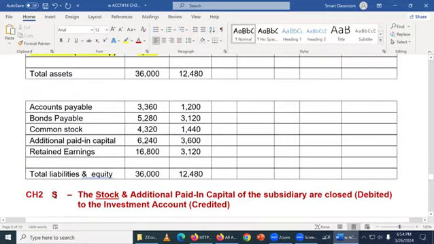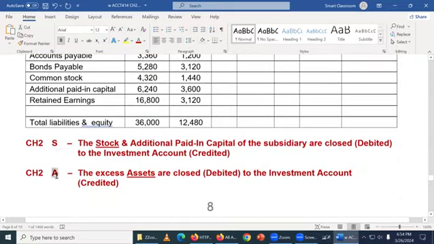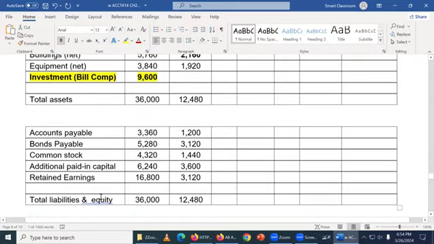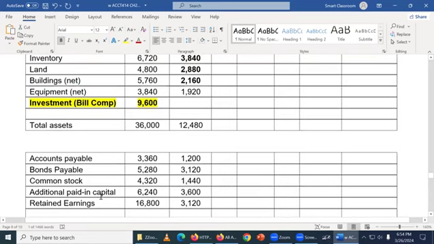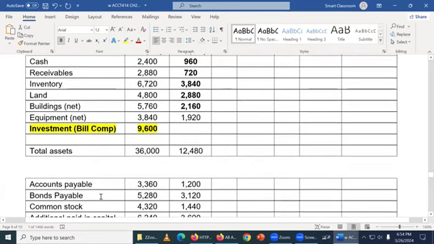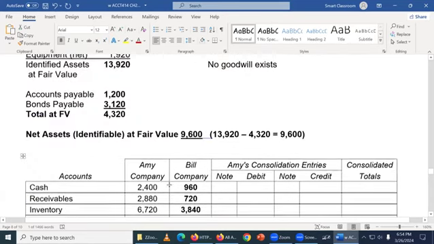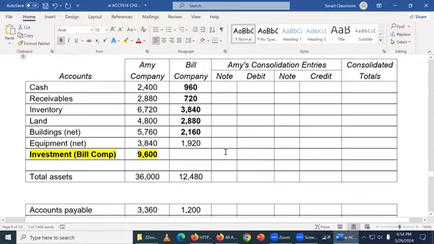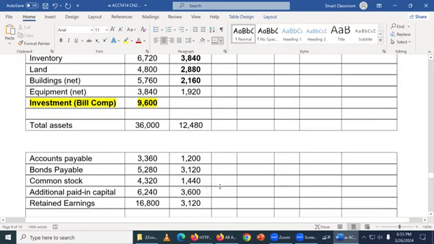So far we're gonna do the S and the A. So we have to remove all the stock stuff from the subsidiary. Okay, so we're gonna make a note here. So let's see, we have they have common stock and additional paid in capital. So I'm gonna put a S there.